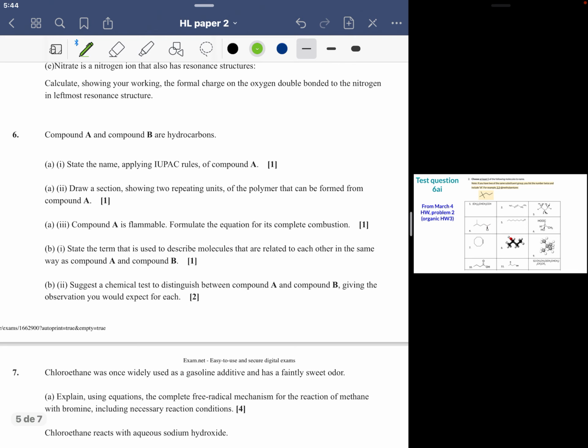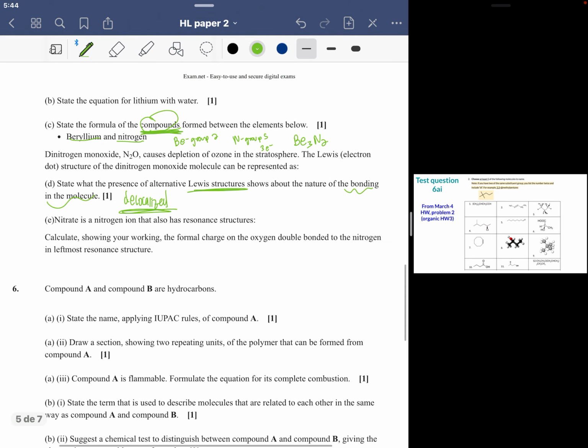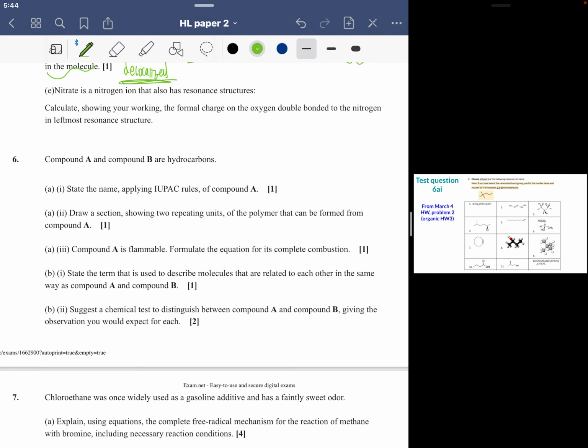This was generally well answered, but I did see some people adding unnecessary numbers. So it was just methylpropene. Notice, so I'm going to label my carbons. There's no configuration where you could move something and still have the same methylpropene.